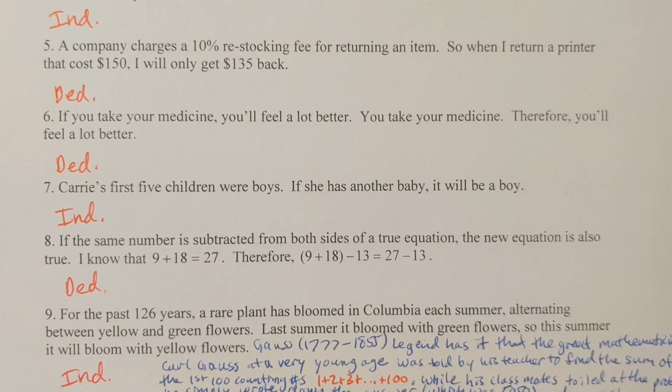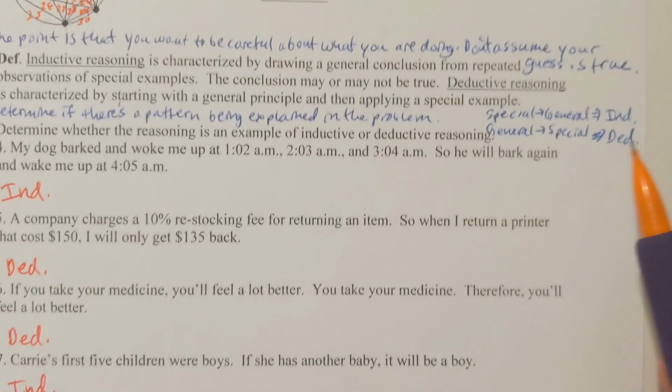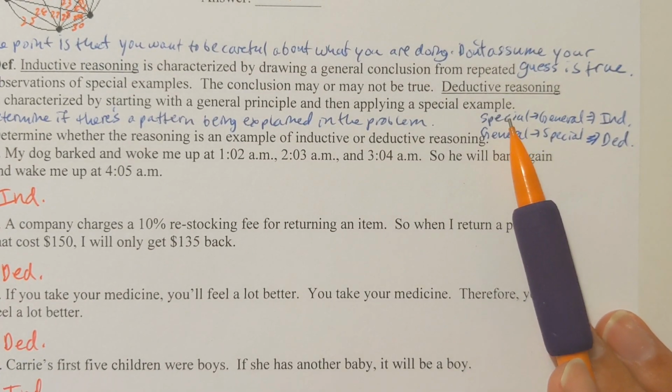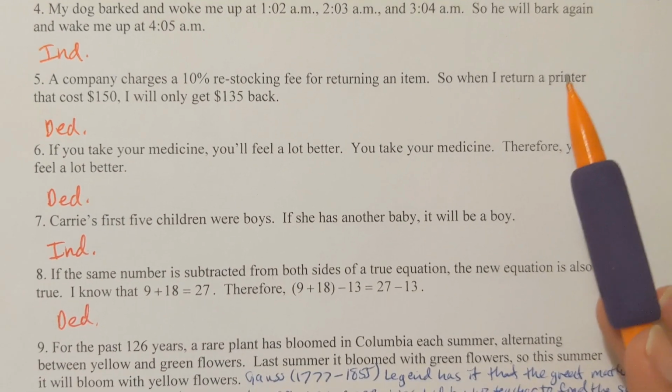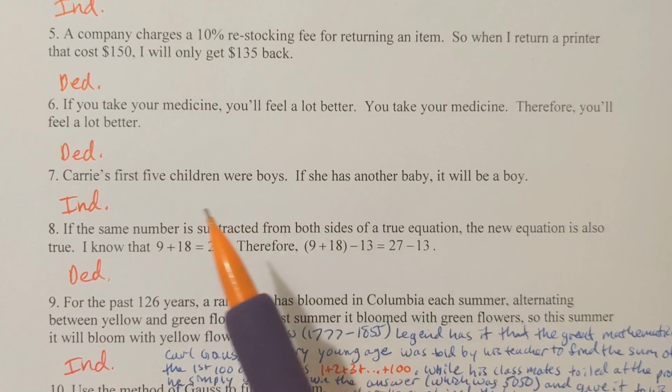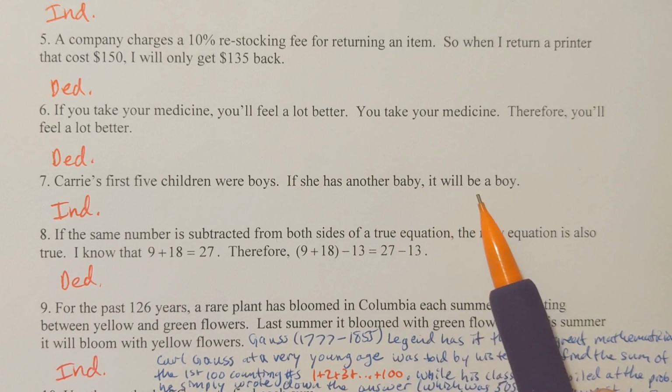Problem 7. Carrie's first 5 children were boys. If she has another baby, it will be a boy. Well, that would be an example of inductive reasoning, because I am given special cases, and so I'm going to show that in general now, I believe that if she has another baby, it's going to be a boy.